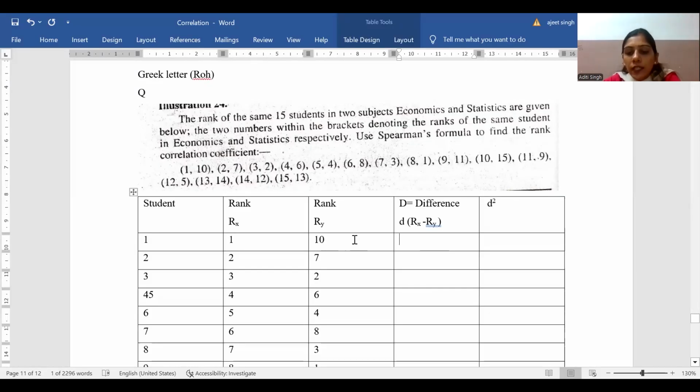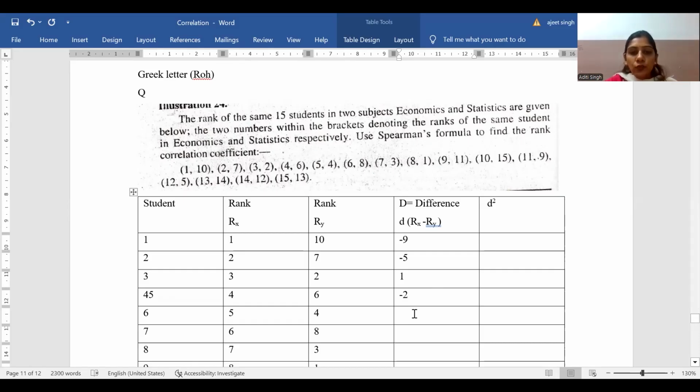1 minus 10 is minus 9. 2 minus 7 is minus 5. Then 3 minus 2, basically 1. Then 4 minus 6 is minus 2.